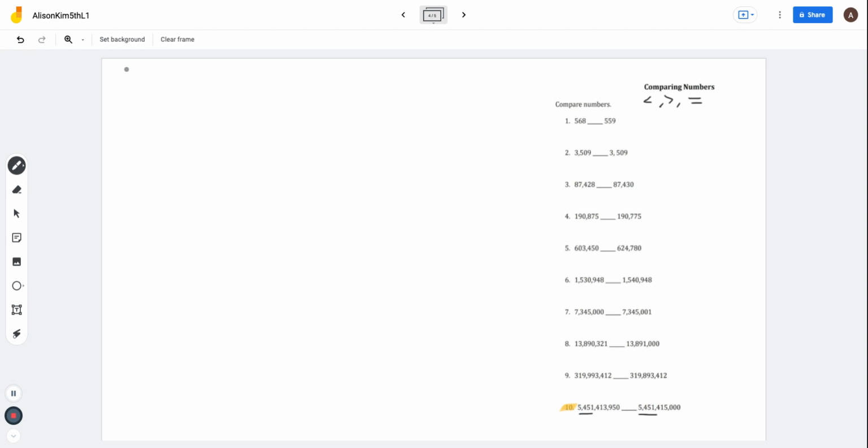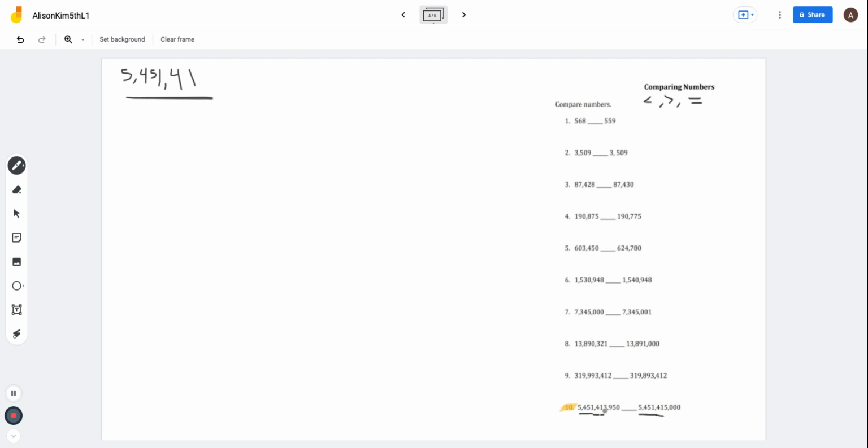The first 4 numbers are 5,451,000,000. And I guess the first 5 numbers, including the 4, and the first 6, the 4 and the 1 are also the same. So up to here, the numbers are the same. And then starting from the thousands place, the numbers are different.